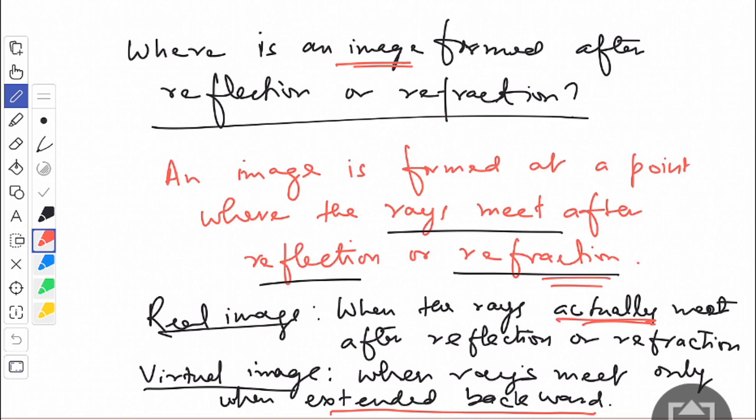When the object is at infinity, which means the object is very, very far compared to the focal length and the aperture. If the distance is very much higher, we can say the rays of light are almost parallel, and then and only then the rays will converge at the focal length.